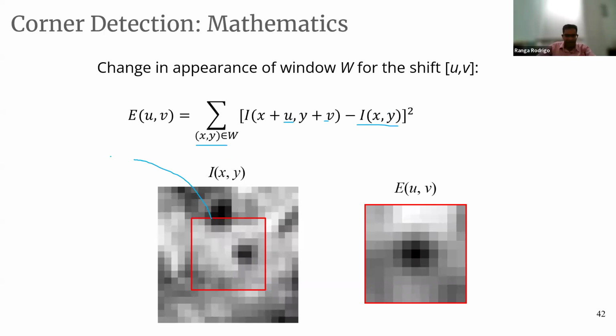Let me forget about this. So maybe you can type in the chat. When u and v are both 0, what is the value of uv? Very easy. Please give a quick answer to that.